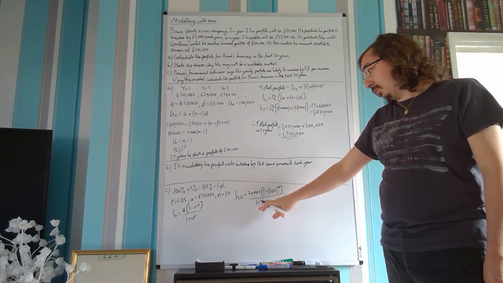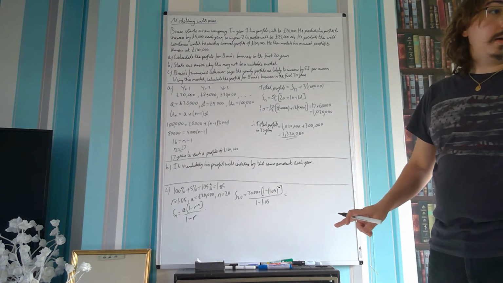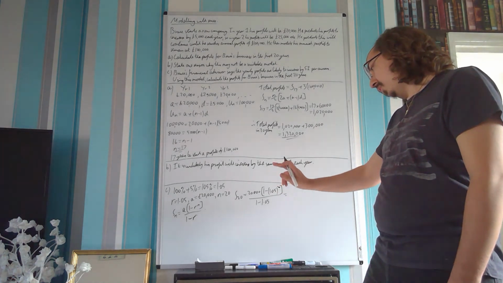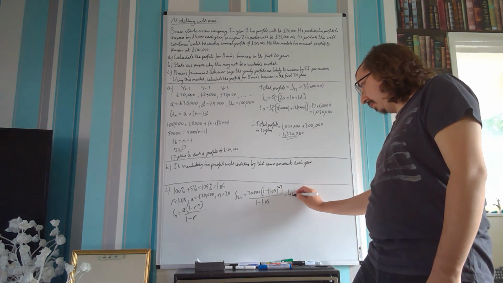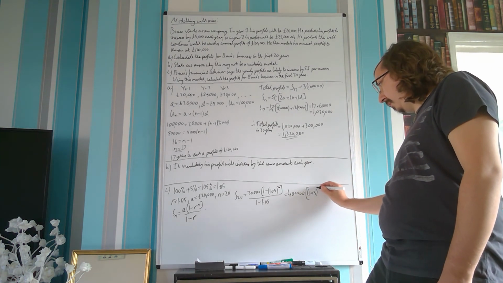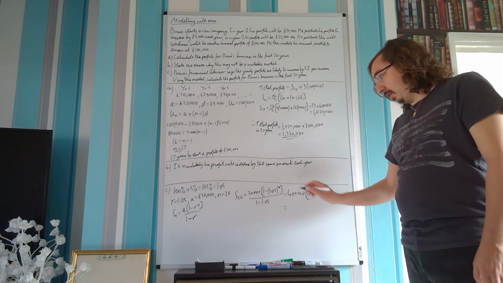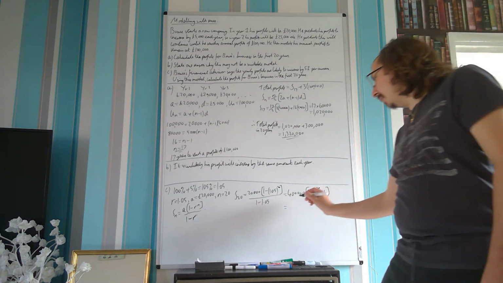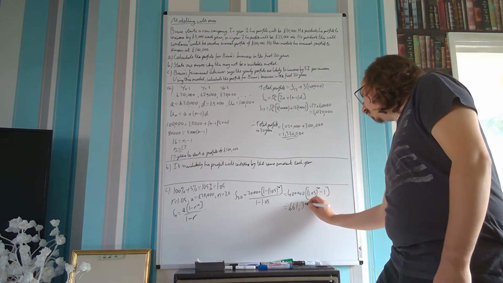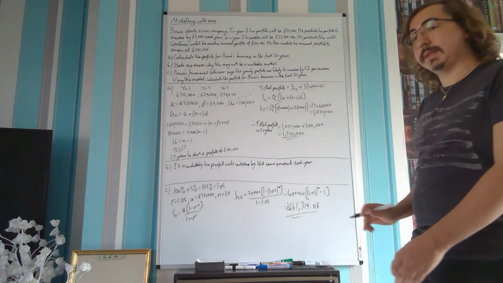Putting this into your calculator, 1 minus 1.05 gets you minus 0.05. 20,000 divided by minus 0.05 gets you minus 400,000, but with a slight rearrangement we can say 400,000 times 1.05 to the 20 minus 1, taking into account the minus there. Put that into your calculator and you end up with 661,319.08, and this is in pounds.